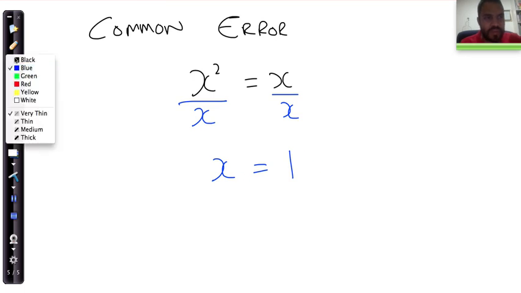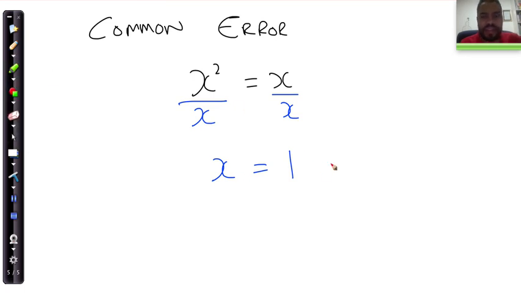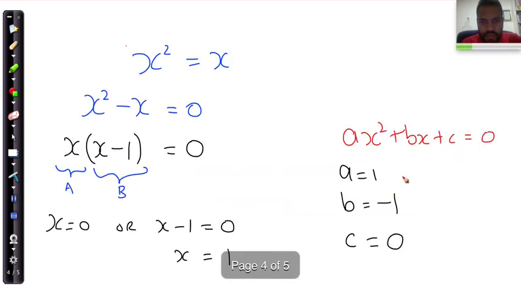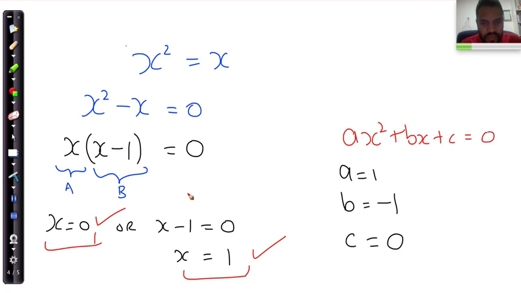That is not entirely incorrect, and neither is it entirely correct, because here I've got a solution of x equals 1, but I've only got one solution. And when I look at the previous example, when we worked this out, we needed to have a solution of x equals 0 or x equals 1. And here I've got two solutions.